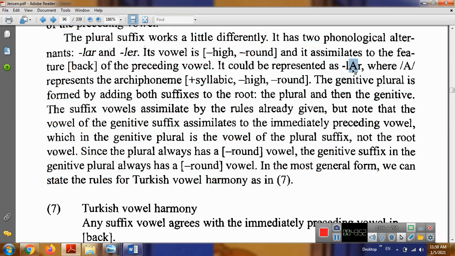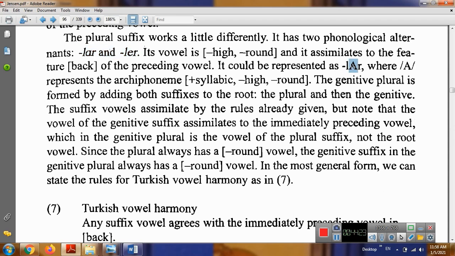Okay, when we show the capital form of the sound, we mean that it is the abstract form of that sound. Here I mean that this capital A stands for E and A. It means that this lAr stands for these two phonetic representations of such sound, lar and ler.